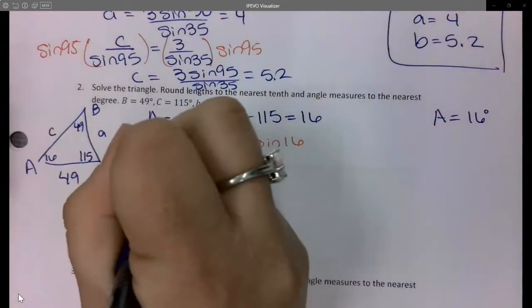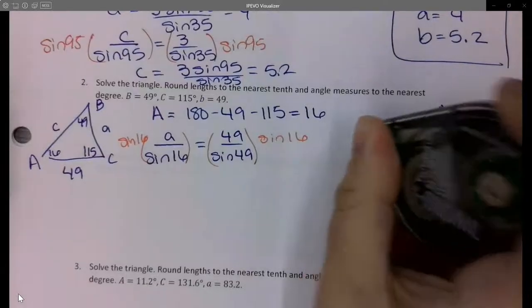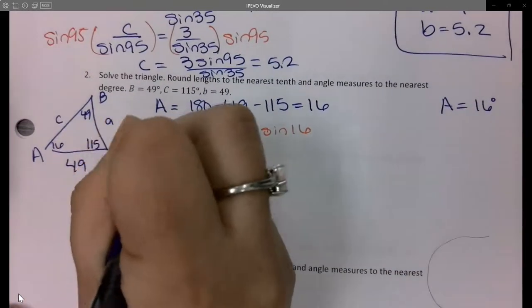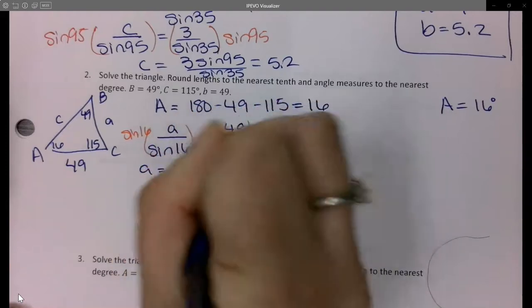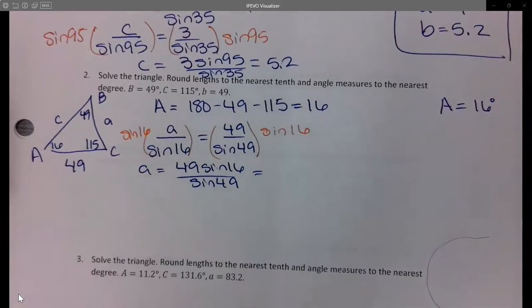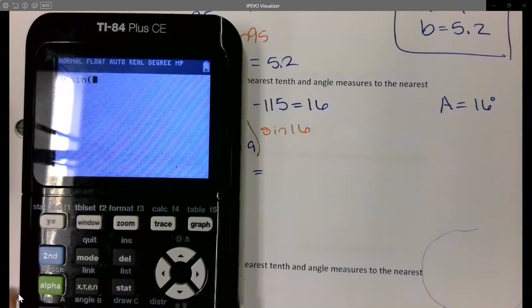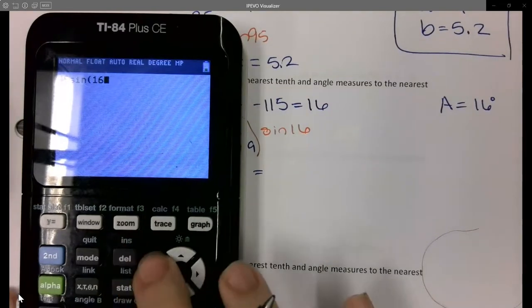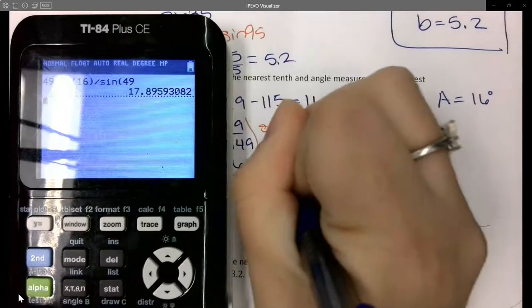A equals 49 sine of 16 over sine of 49. So when I type this into the calculator, this will get me, when I round to the nearest tenth, 17.9.